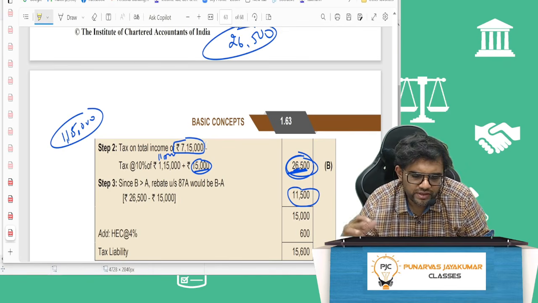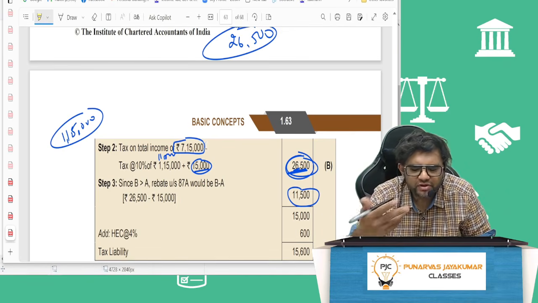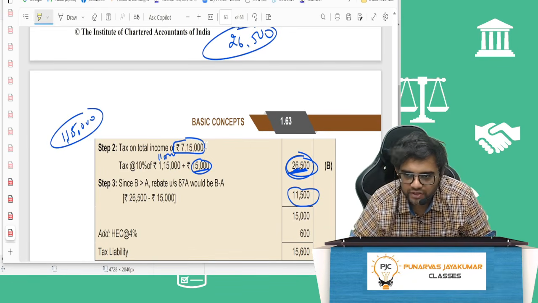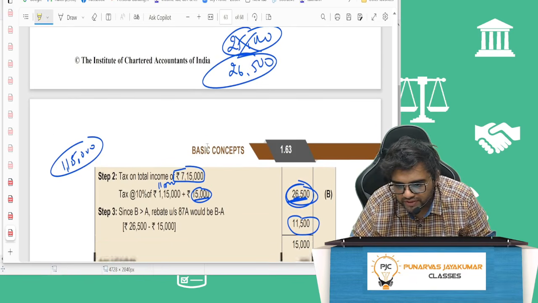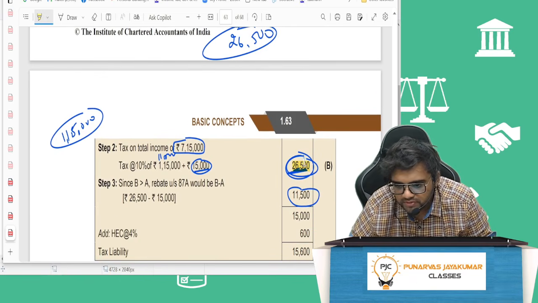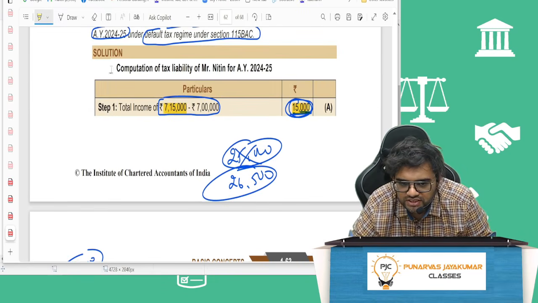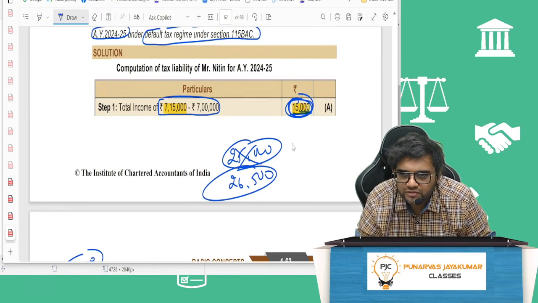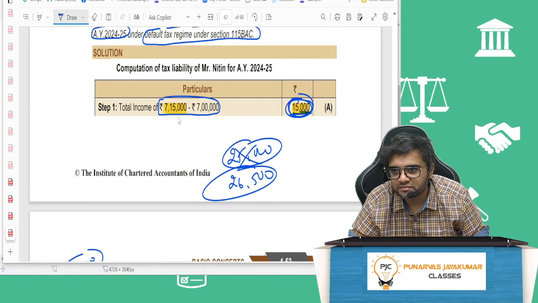I'll do a midway. I'm not giving you 25,000 also. Midway will do. What is midway? Whatever extra 26,500 you're paying, no problem, that you're supposed to pay. But beyond that 7 lakh, you have just increased 15,000. That extra 15,000 you hand over to me. That's not even a tax, it's income.